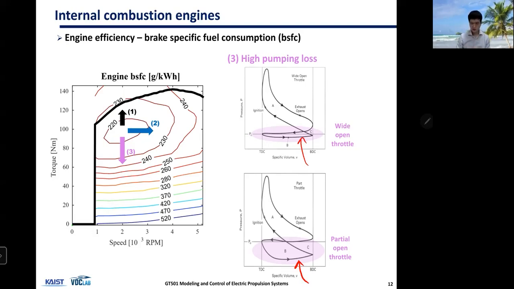But as soon as you block the intake, air cannot come in, and that creates a vacuum, lower pressure, and that creates larger pumping loss.